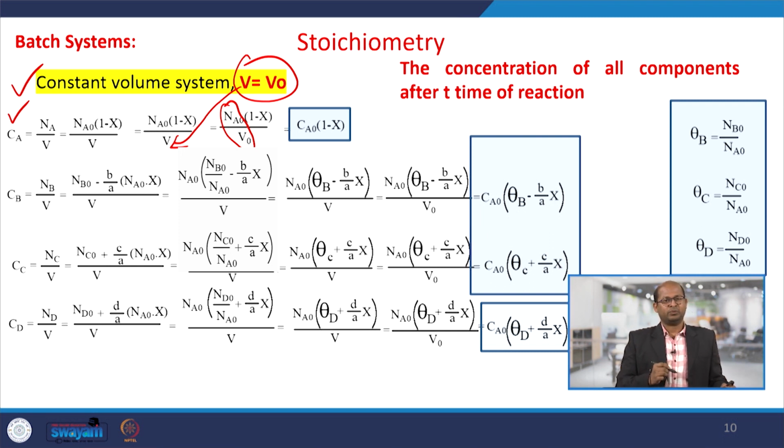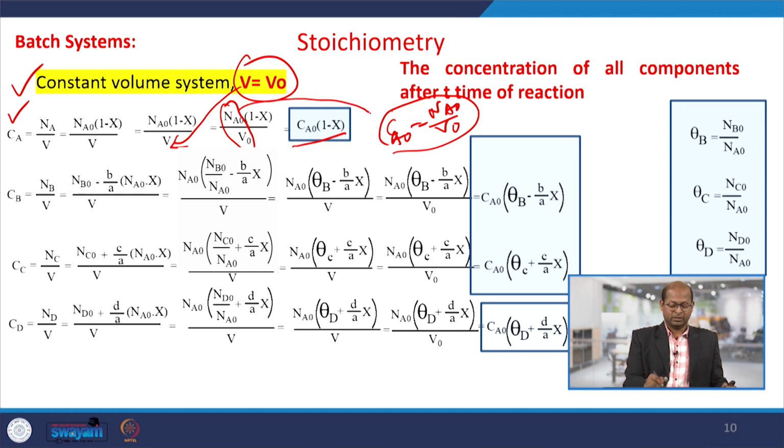N A naught into 1 minus x by V naught equals C A naught into 1 minus x, since C A naught equals N A naught by V naught. So we replace this N A naught by V naught with C A naught. Then we can write C A equals C A naught into 1 minus x.